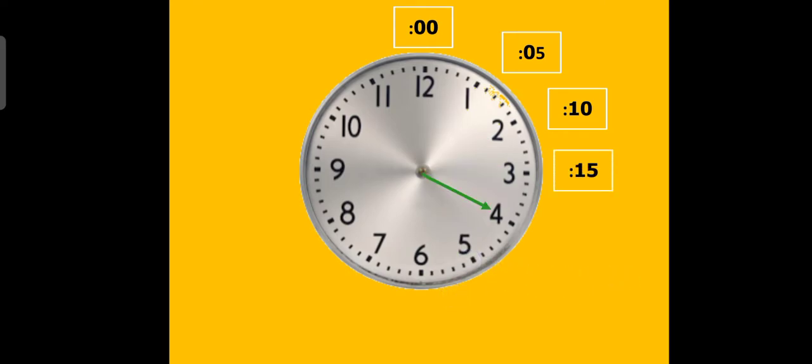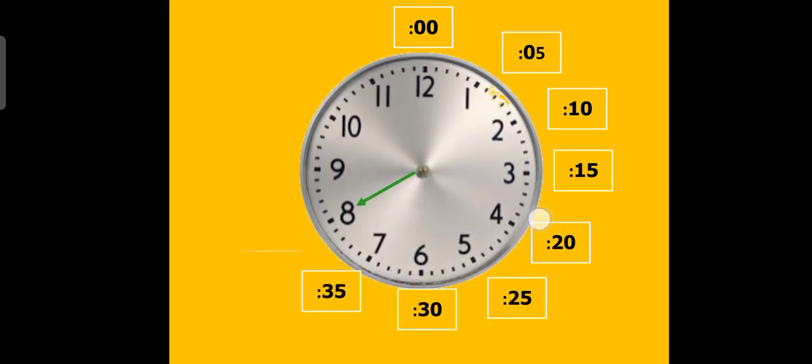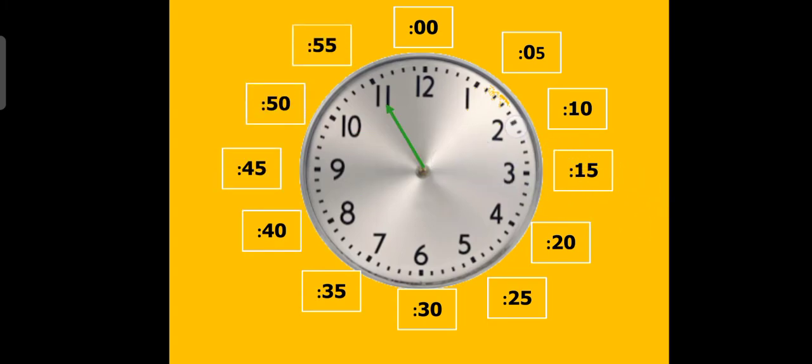I will start from 12, which represents 0. After 12: 5, 10, 15, 20, 25, 30, 35, 40, 45, 50, 55. When we reach 12, the minutes will be 0.